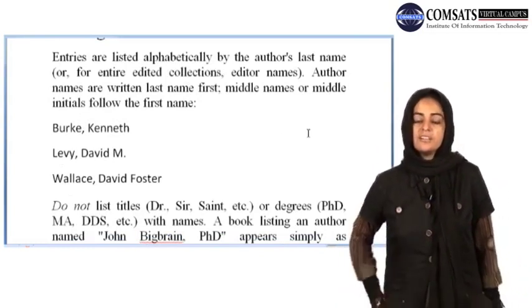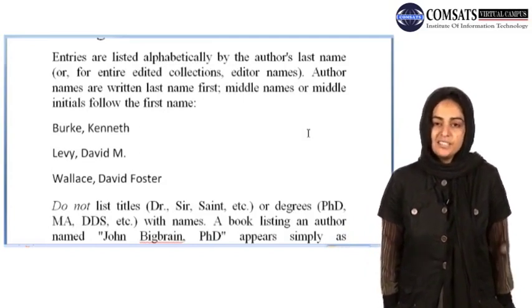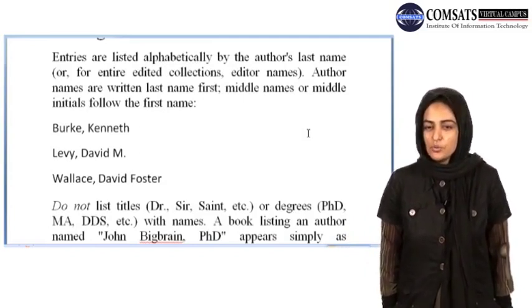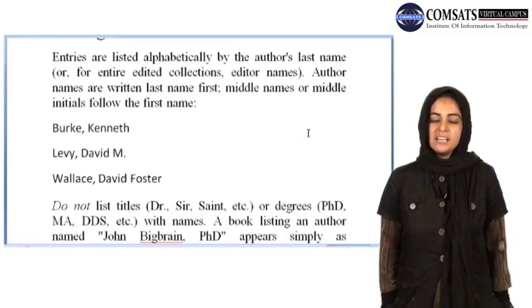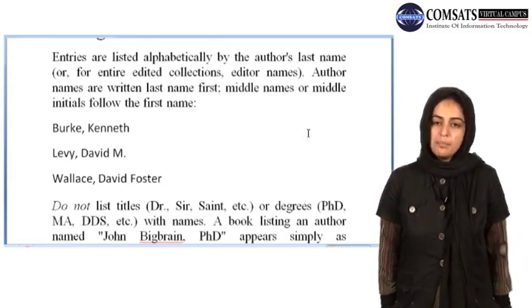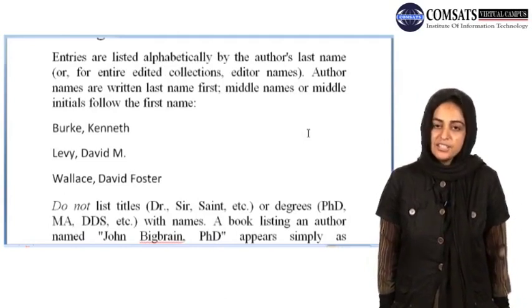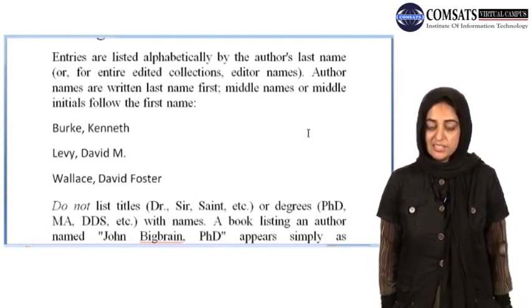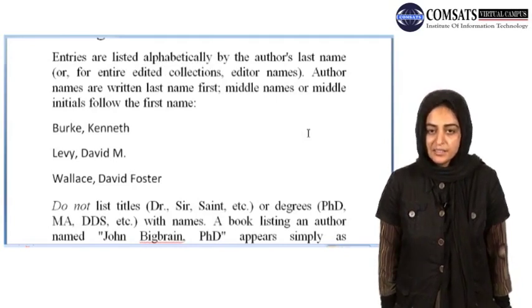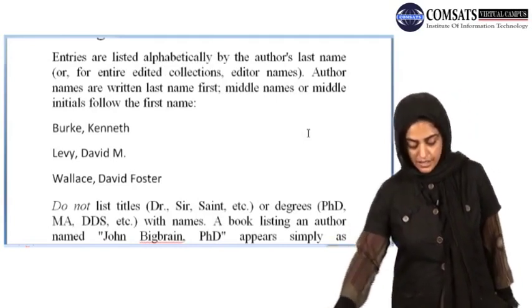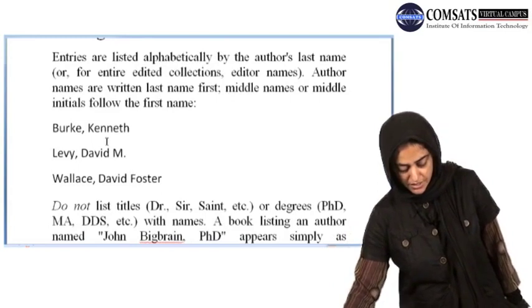My name is Sadia Siddiq, and I would write my name in the MLA detailed works cited page as Siddiq, comma, Sadia. Have a look on the screen, dear students, the examples are in front of you.